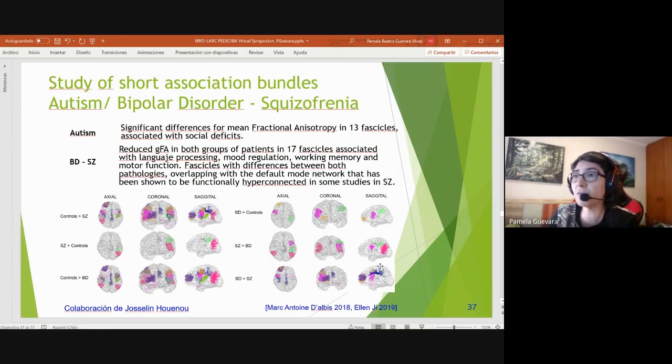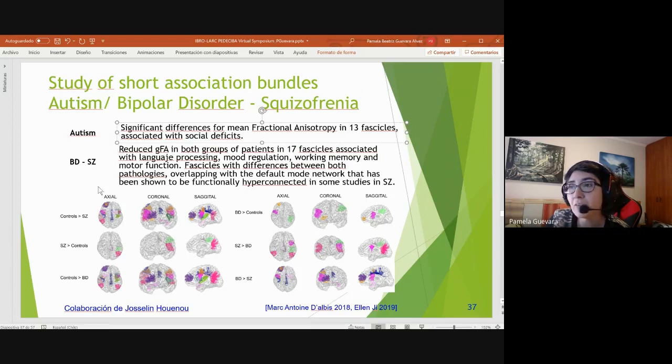For example, for autism, in this study we found differences in fractional anisotropy in 13 fascicles associated with social deficits. So that means that in some bundles we found a lower fractional anisotropy in autism.